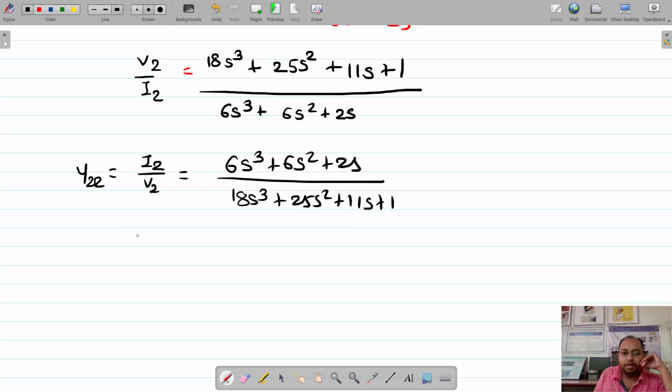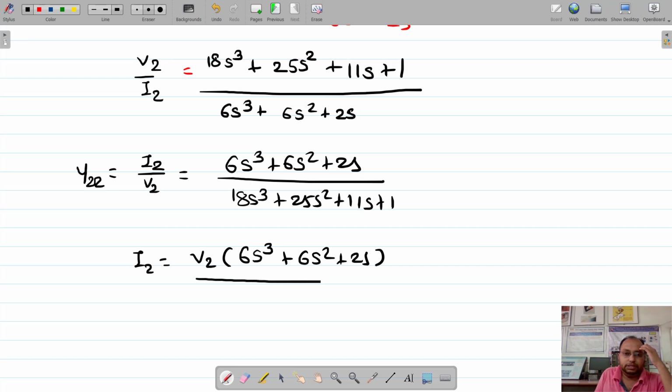Now let us find out I1 in terms of V2. So let us transfer that V2 to the left hand side: (6s cube plus 6s square plus 2s) divided by 18s cube plus 25s square plus 11s plus 1.